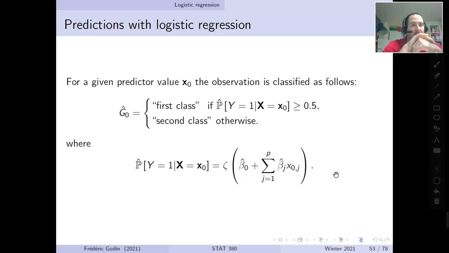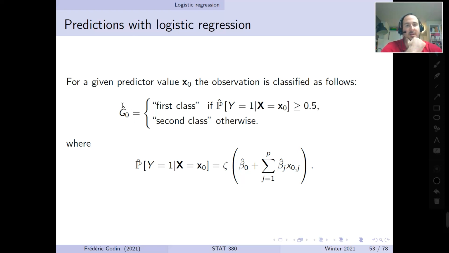Now, once the betas from a logistic regression are estimated on the training set, what we'd like to do is to predict the class of a new observation in a test set. If we have a new observation and its predictors are given by x0, the new observation is classified as follows.